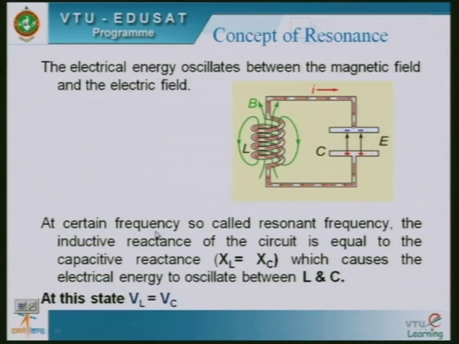At a certain frequency, the so-called resonant frequency, the inductive reactance of the circuit is equal to the capacitive reactance, which causes the electrical energy to oscillate between L and C. This goes on as long as the supply is on, and it is just give and take. The inductor gives current to the capacitor and the capacitor gives current to the inductor. Whenever XL is equal to XC, we achieve the resonant frequency.